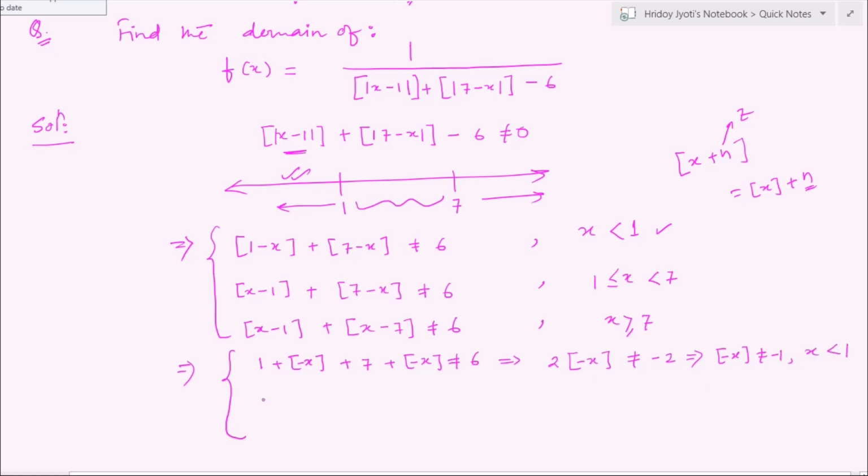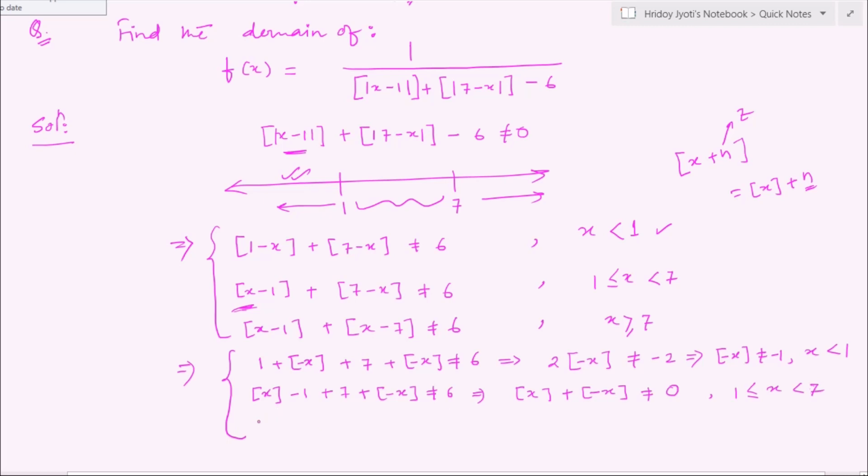Again, for the second case, we'll be getting GIF of x minus 1 plus 7 plus GIF of minus x not equal to 6. So from here we'll be getting GIF of x plus GIF of minus x is not equal to 0. This one is for x lying between 1 to 7.